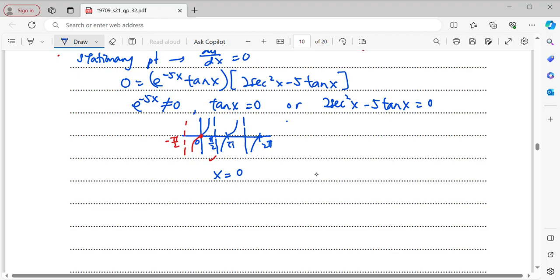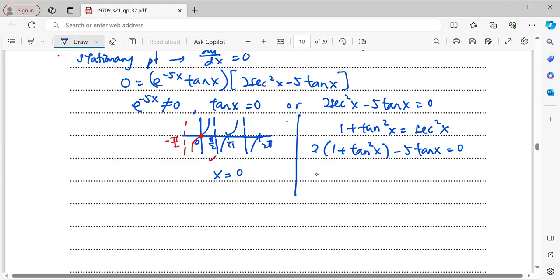So for the next solution, I have to apply another identity. The identity is 1 plus tangent square x equals secant square x. That means here it is going to be 2 bracket 1 plus tangent square x minus 5 tangent x equals 0.